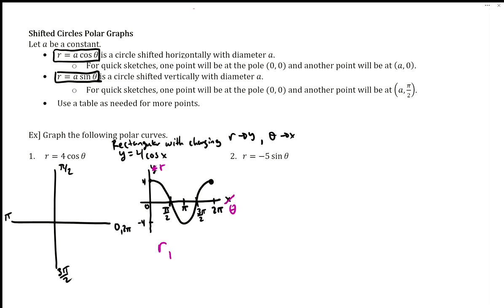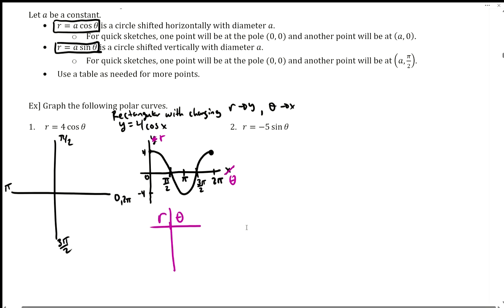So remember our r and theta, we can make a table out of this as well, or we could have even started with the table. But this graph helps us find some values pretty quick. For instance, I have 4, and then theta is 0, so that's the first point. Then for this point, my radius is 0 and my angle is pi halves.